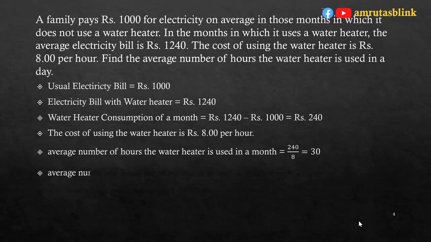Now assuming there are 30 days in a month, we can calculate per day usage of the water heater for that particular family. So 30 divided by 30, that is 1. So we can say that that particular family uses water heater 1 hour daily in all the months in which it is making the use of water heaters.